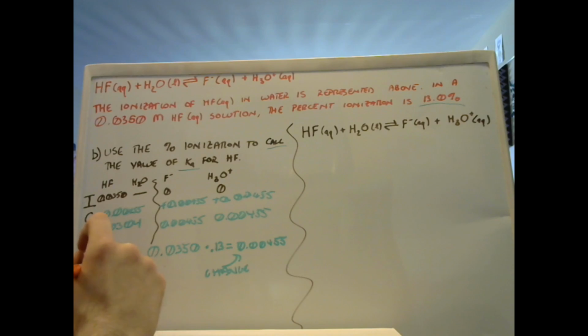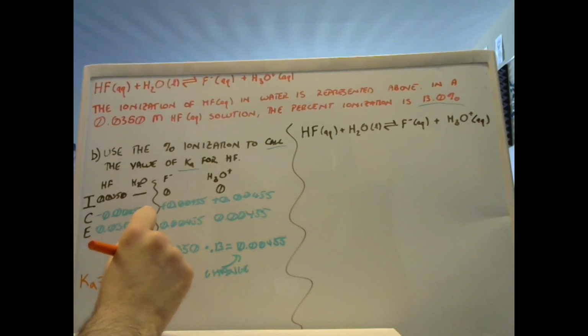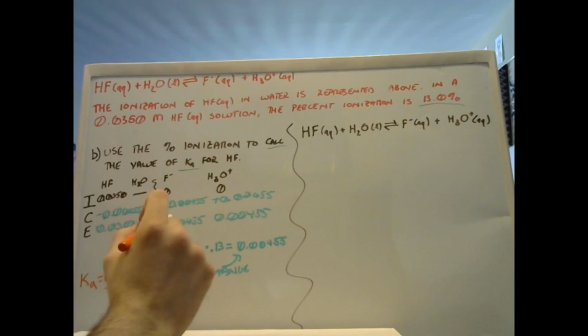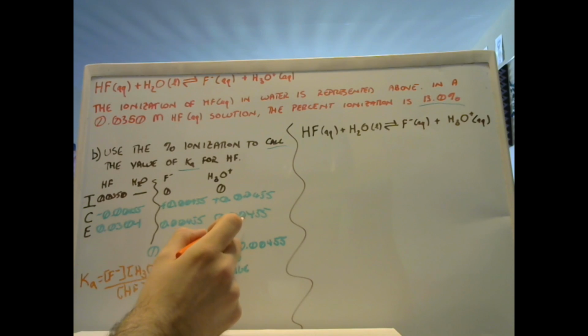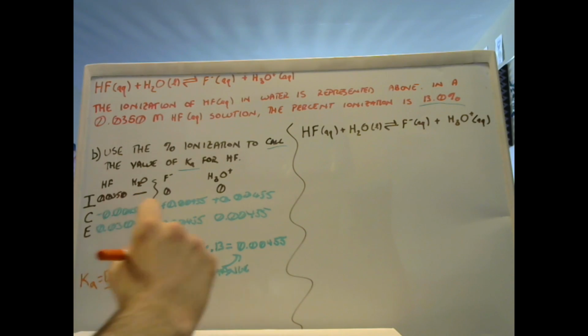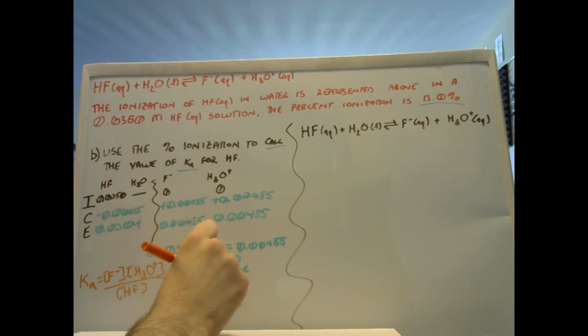So your Ka will equal F minus's concentration times H3O plus's concentration over the HF concentration, which if we plug in all of our numbers, the 0.00455, 0.00455, 0.0304, we get a value of 6.81 times 10 to the negative fourth.